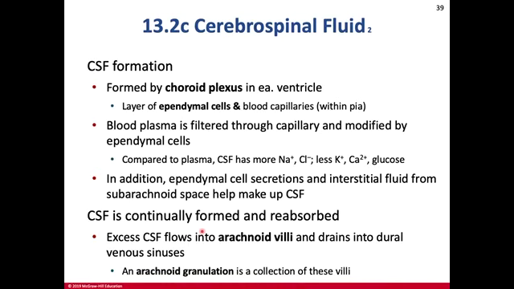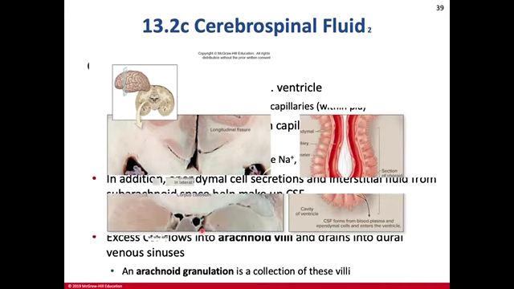So it's continuously formed in the ventricles, but it's continuously reabsorbed by what are called the arachnoid villi, sometimes called the arachnoid granulations. And what they do is they protrude into the dural venous sinus, and that's how the CSF gets back into the blood. If that didn't happen, the pressure from the generation of cerebrospinal fluid would end up crushing the delicate brain tissue.